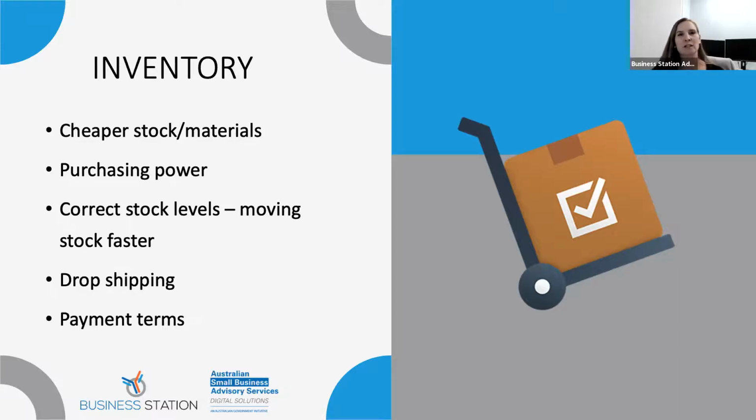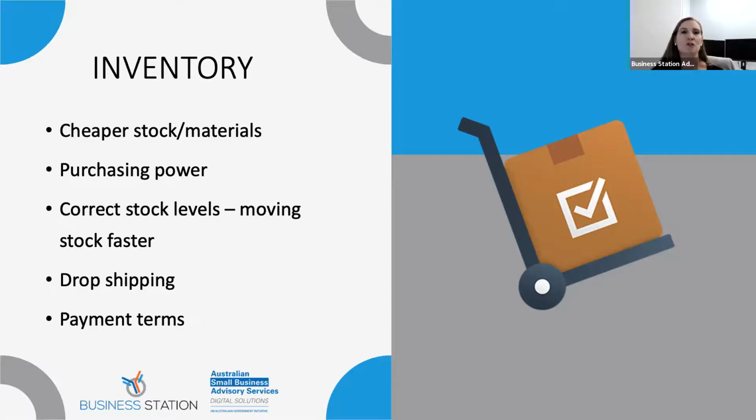Now, an alternative or a way around stock and inventory is drop shipping or just-in-time stock orders, and they can be great. You can look for suppliers who will provide you with stock only when you need it for specific orders. And that way you're not going to waste money paying for any stock that's just sitting in a warehouse or a storeroom.